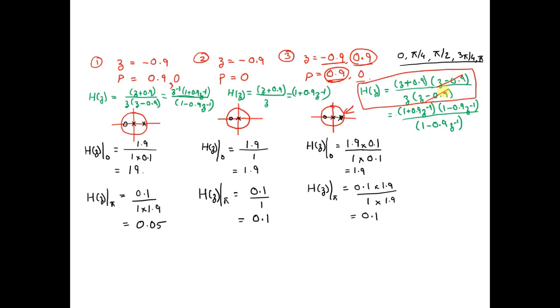Now you will be very much intrigued looking at this equation to cancel this one. When you are given the poles and zeros location, or the transfer function, and you have to implement it, you would be tempted to cancel these out, but do not cancel.